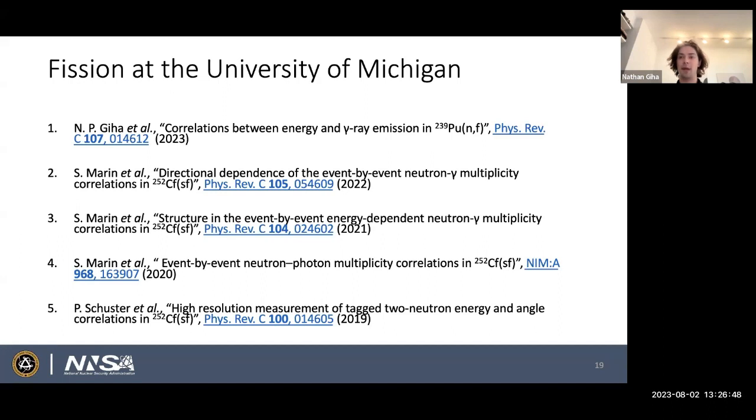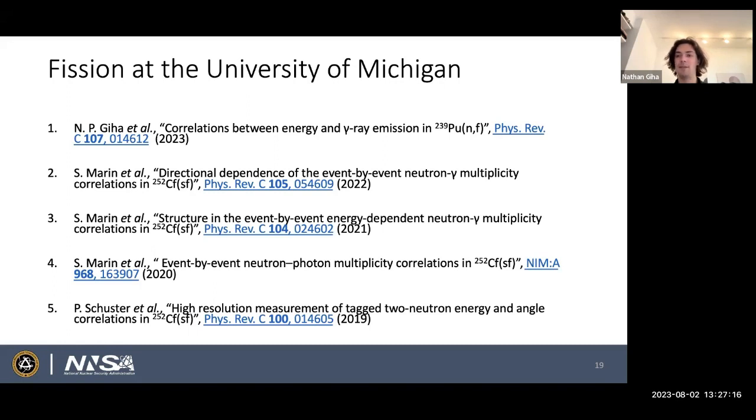what degree angular momentum and neutron emission are coupled. There are some codes that posit that there's a significant amount of neutrons that are emitted in P and D waves, meaning that they have more than just their intrinsic spin. And in that case, neutrons could be responsible for removing a decent amount of angular momentum.